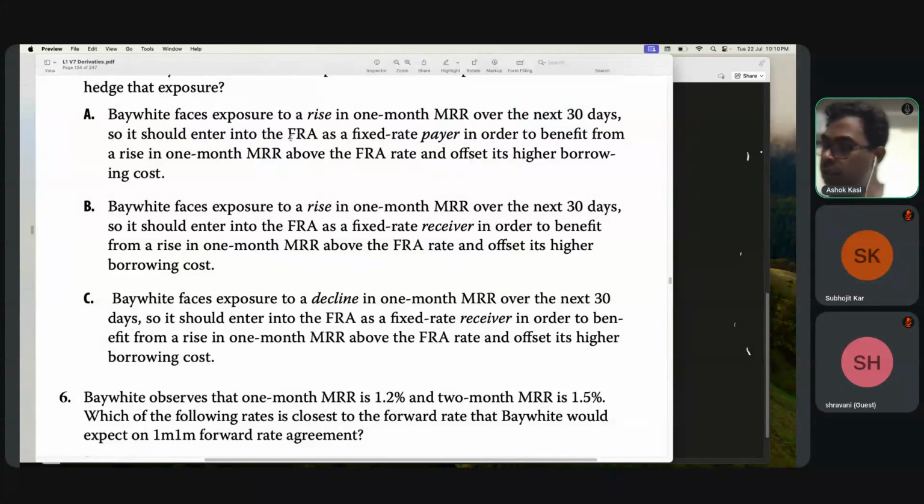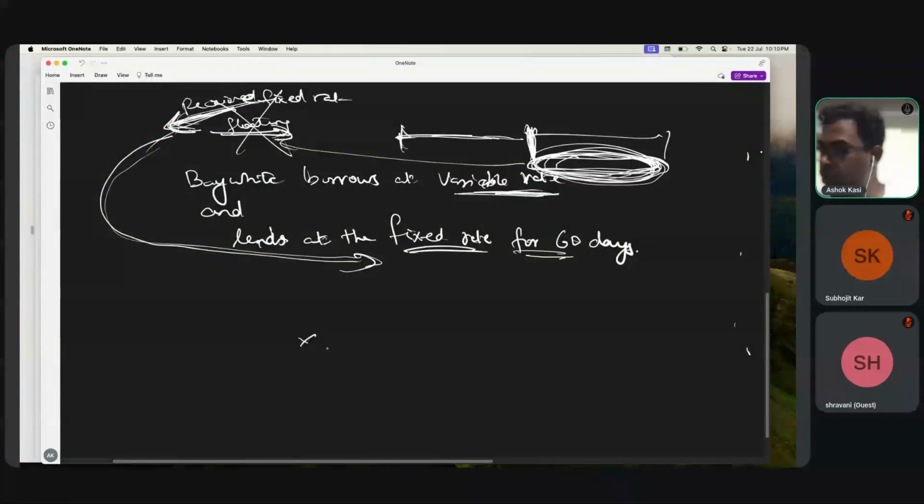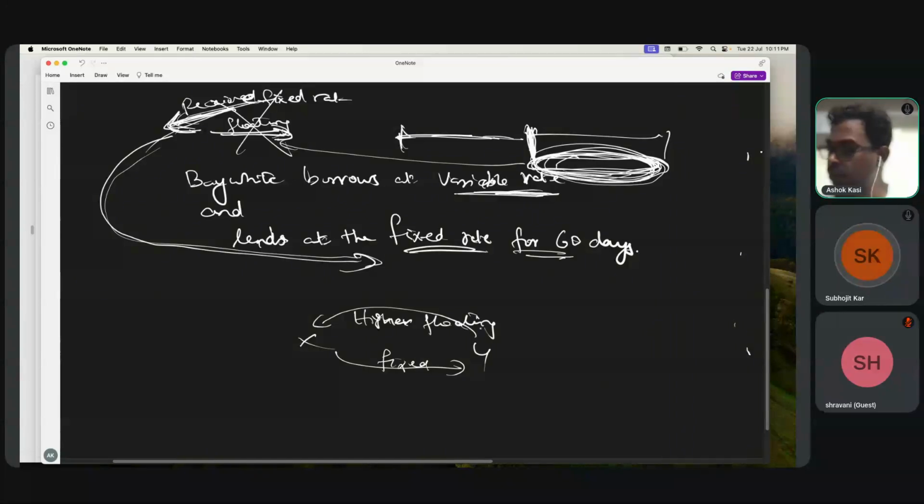It should enter into FRA as a fixed rate payer in order to benefit from a... okay, if they enter as a fixed rate payer, they will pay fixed rate and they will get higher floating rate. Yeah, higher floating rate.